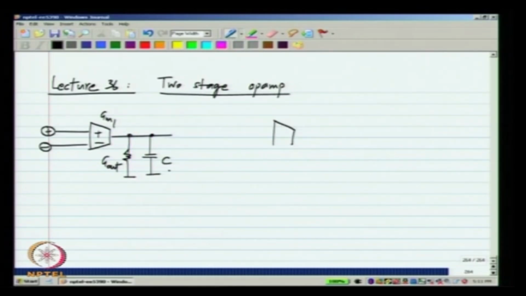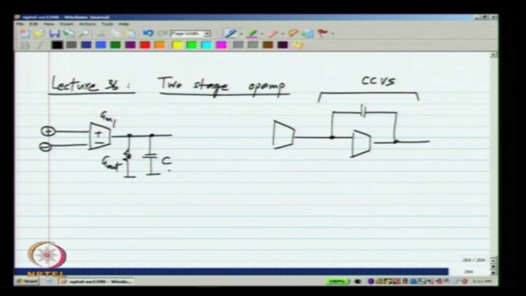To do better, we use a current controlled voltage source using a feedback circuit. The advantage here is that because of feedback, the input node is at a small voltage. So, the current that goes through G out is quite small.